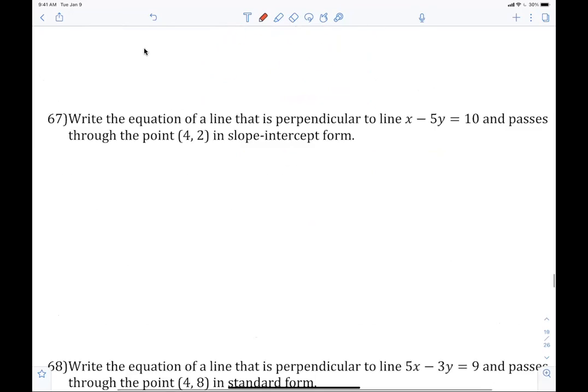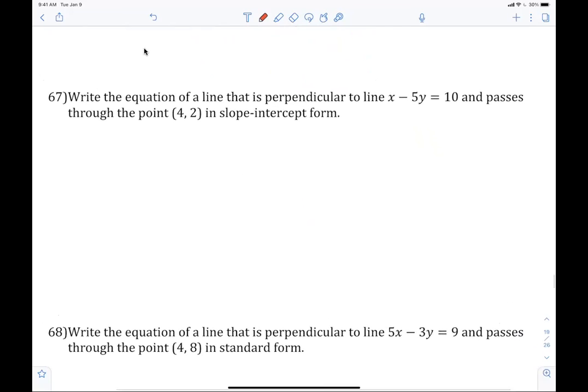All right, Catherine, go. What's the slope of the perpendicular? Is it 5? Think about it. Is it -5? Yes, ma'am. Good job. Very good. And then it's y minus 2 equals 5 times x minus 4.